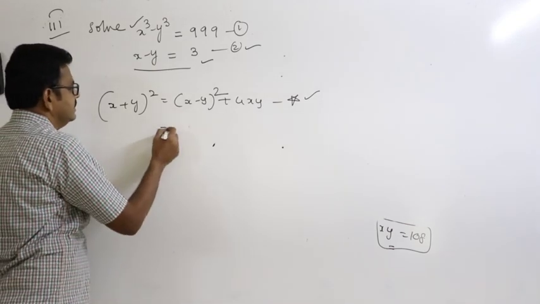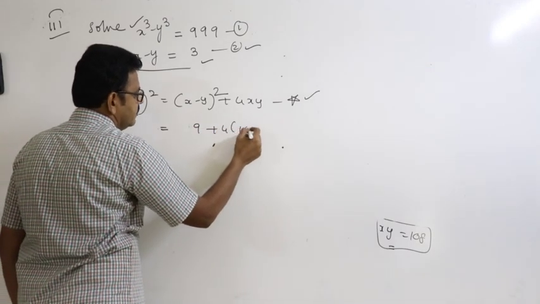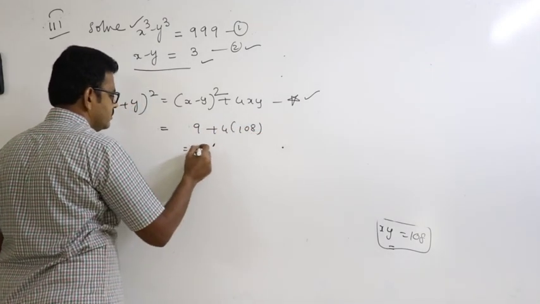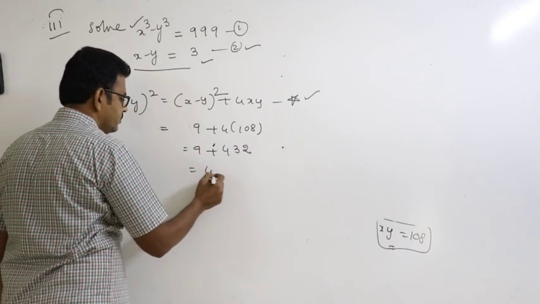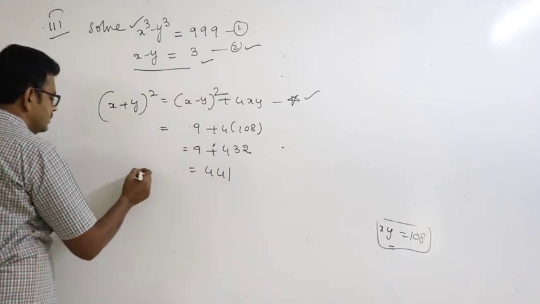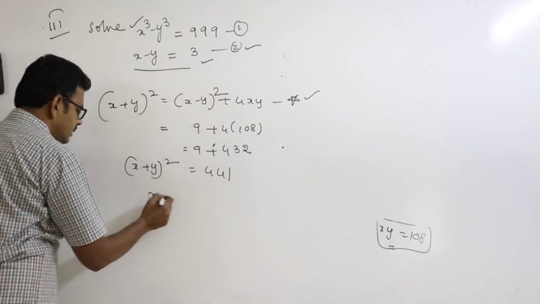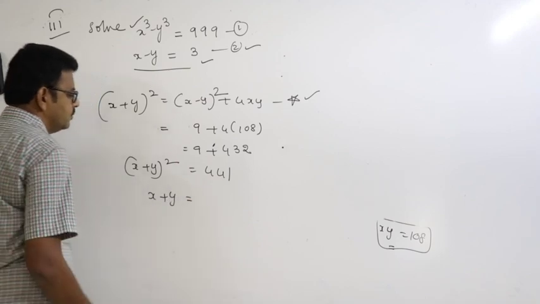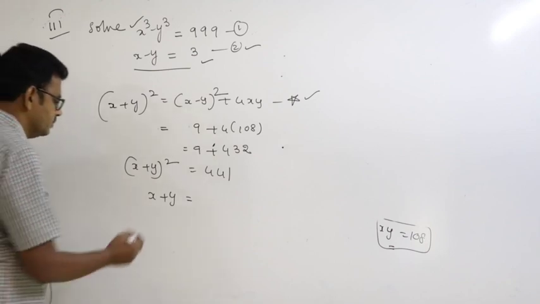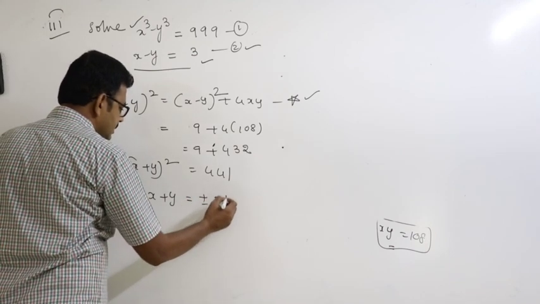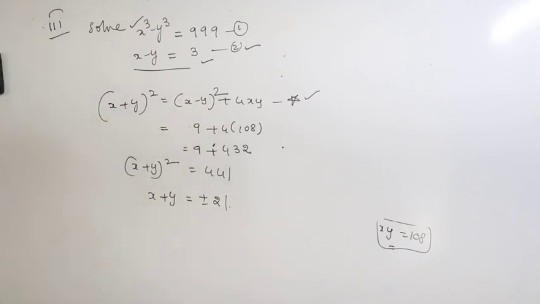So this is 9, 3 square is 9, plus 4 into 108, that equals 9 plus 432, that equals 441. So this is x plus y whole square. So x plus y is equal to root of 441, which is 21. So x plus y is plus or minus 21.